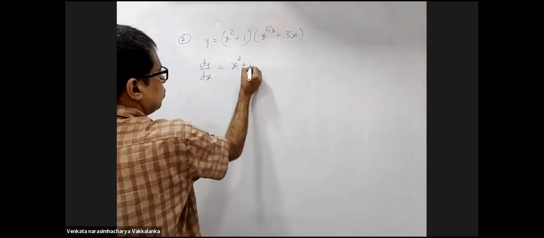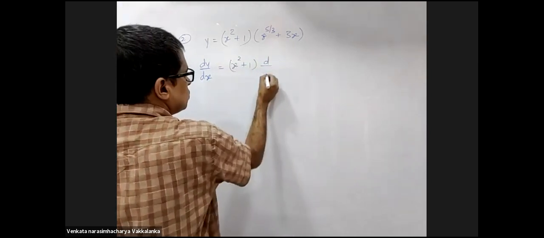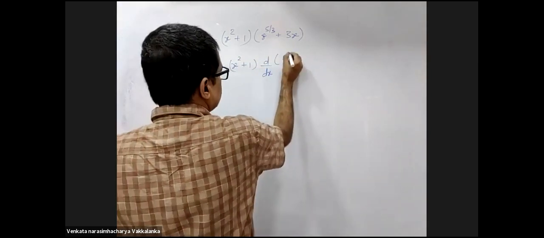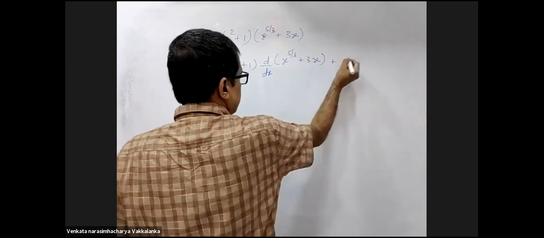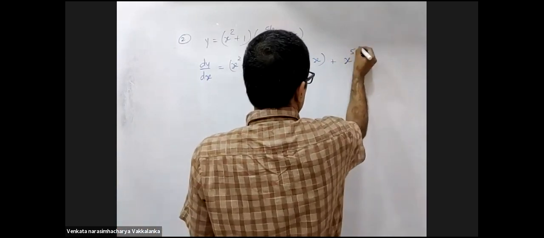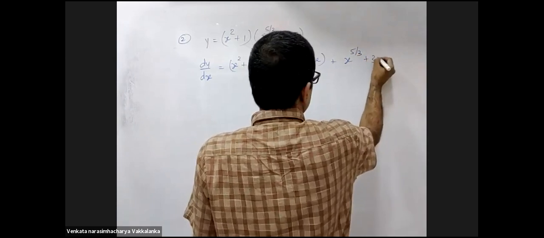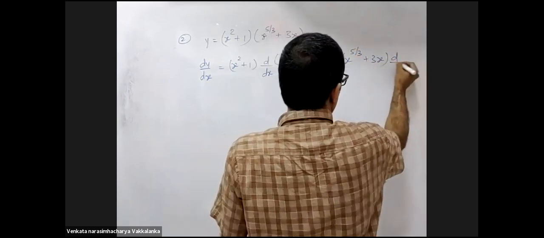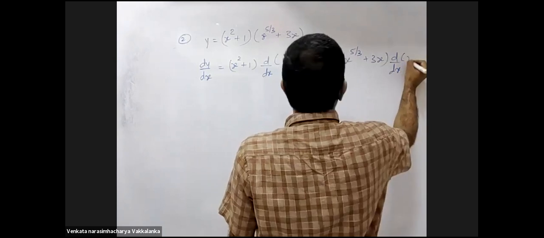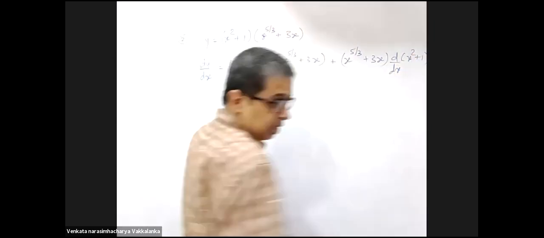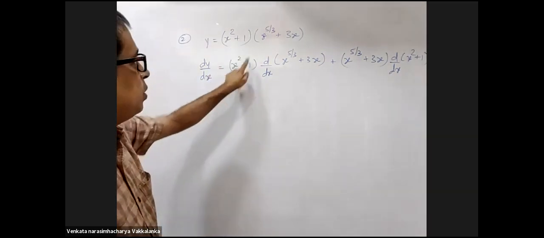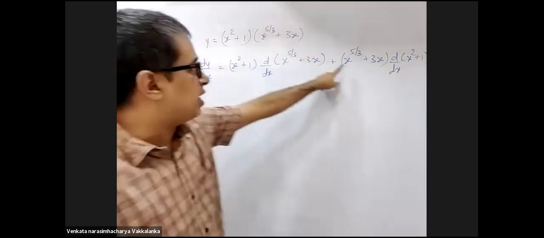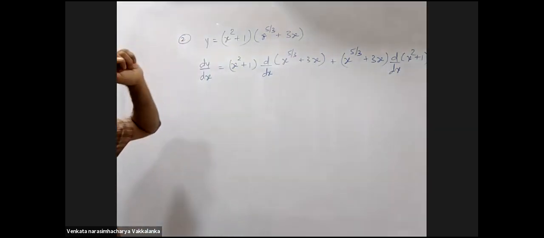I'll keep x square plus 1 as it is and differentiate x raised to 5 by 3 plus 3x, plus x raised to 5 by 3 plus 3x into d by dx of x square plus 1. It is u into v: I keep u as it is and differentiate v, then keep v as it is and differentiate u.